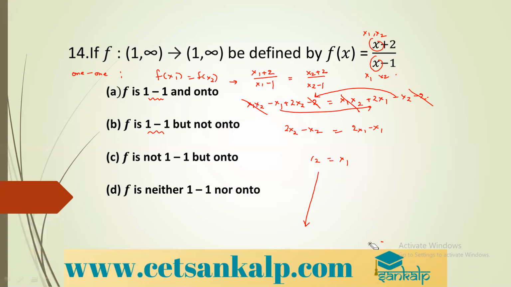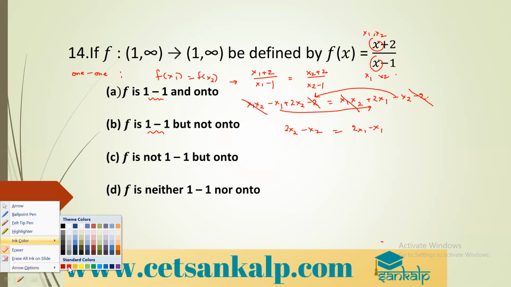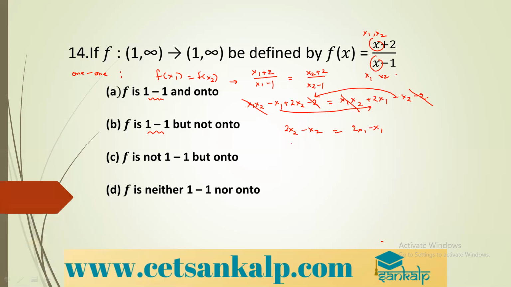I will not waste this page completely. I will write here, because I got x1 equal to x2, I can say f is a one-one function. Now, how can I say about onto function? I will take the function y equal to x plus 2 by x minus 1. So this is the function I have taken.